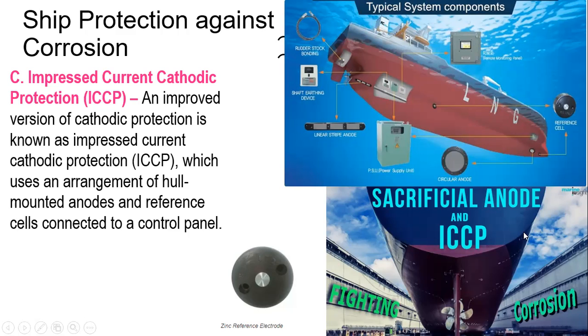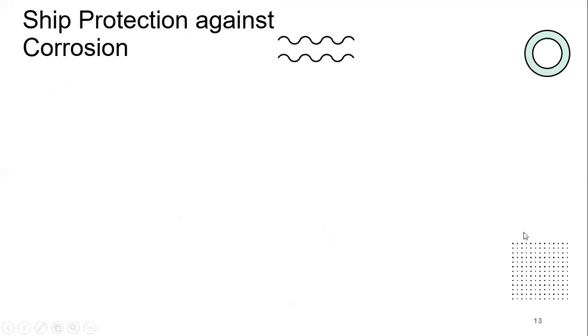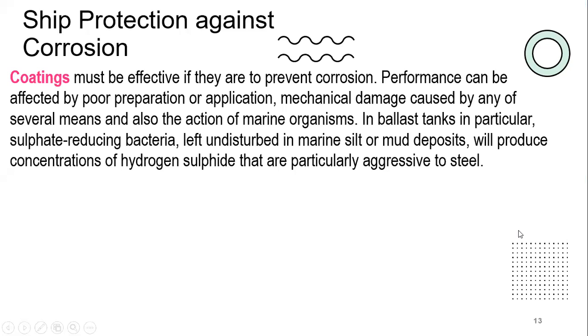Okay, with a technology. Coatings must be effective if they are to prevent corrosion. Performance can be affected by poor preparation or application, mechanical damage caused by any of several means, and also the action of marine organisms. In ballast tanks in particular, sulfate-reducing bacteria left undisturbed in marine silt or mud deposits will produce concentrations of hydrogen sulfide that are particularly aggressive to steel.